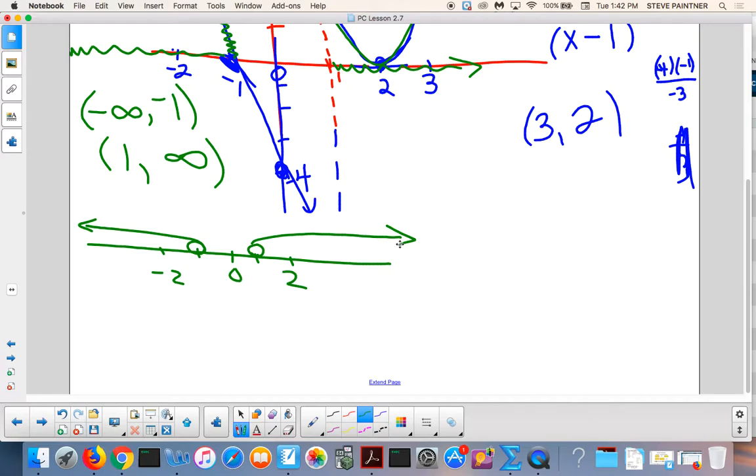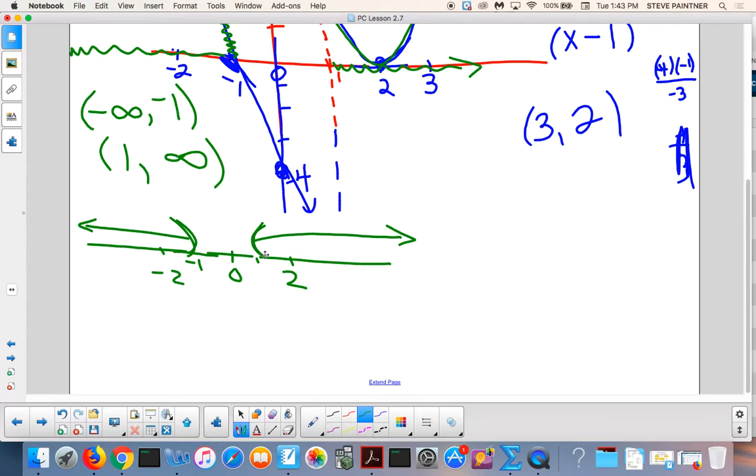Okay, so that's what they do. But I think they even change it slightly. They don't use open and closed circles. They use the parentheses. So they might do this to you. They go parenthesis, and they go parenthesis. And all a parenthesis means is that number, negative 1, is not a solution.